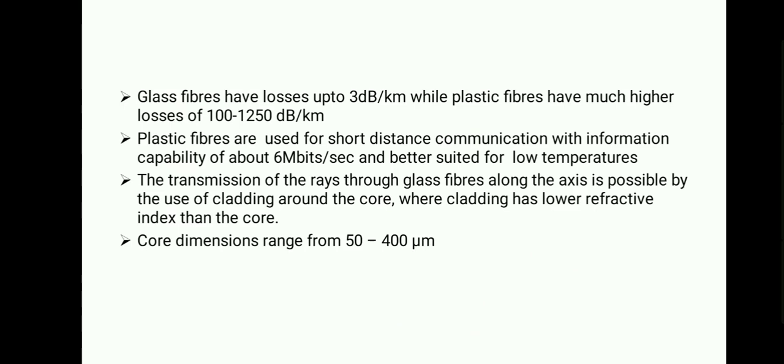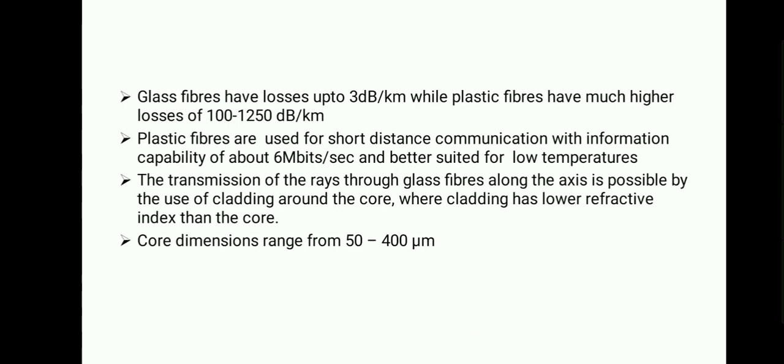The third point, the transmission of rays through glass fibers along the axis is possible by the use of cladding around the core, where cladding has a lower refractive index than the core.